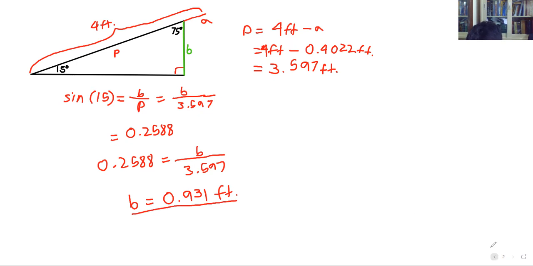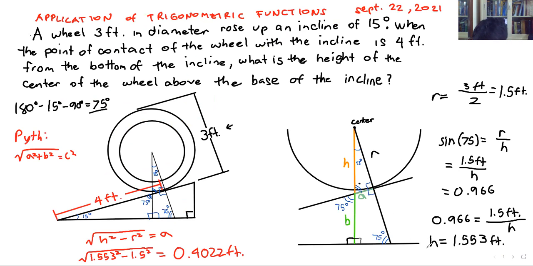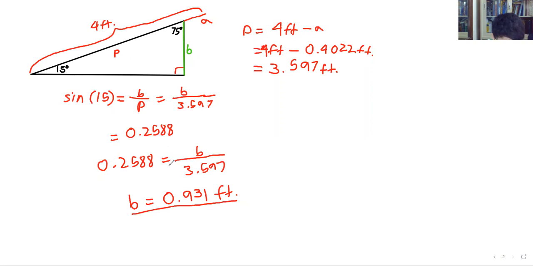Okay, did we find h? Yes, h is 1.553 and b is 0.931. As I was talking about earlier, we knew that h plus b equals the answer. So now we know both.